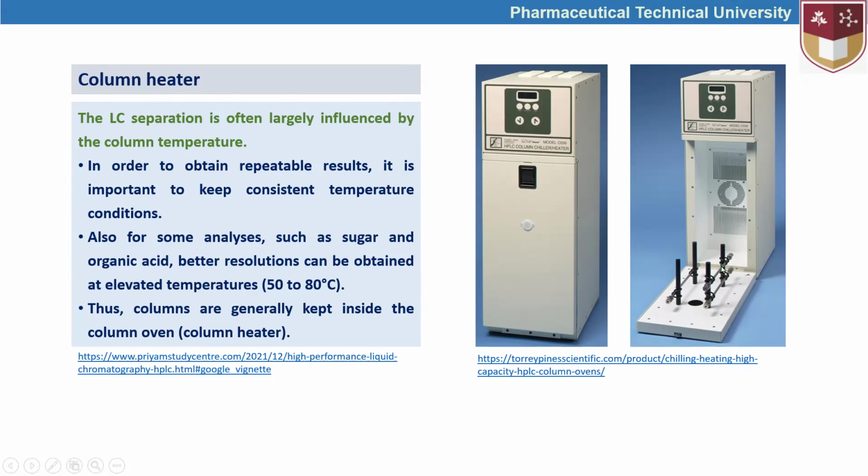Another significant and useful point of the column heater: not all compounds, for example, can be identified by using HPLC at room temperature. At a room temperature, for example, at 25 or 30 centigrade, the identification of some compounds that might have high viscosity may not be appropriate.